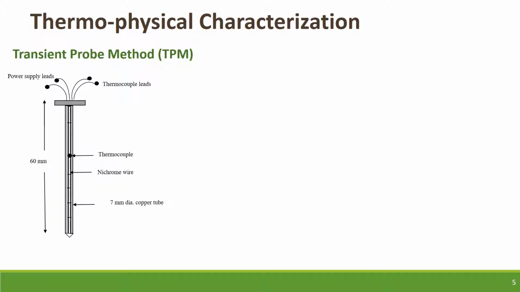Before using that probe, it was calibrated using a material of known thermal resistivity. For our study, glycerol was used for calibration purpose, and the voltage which we got from the calibration was 0.5 volt.